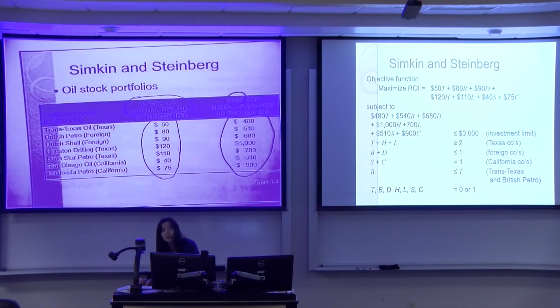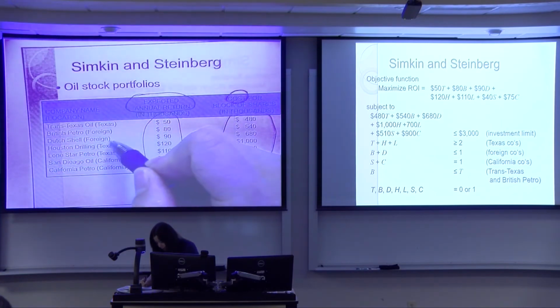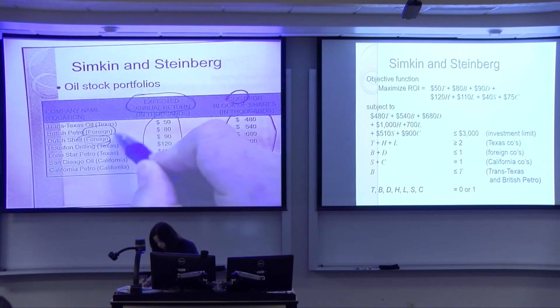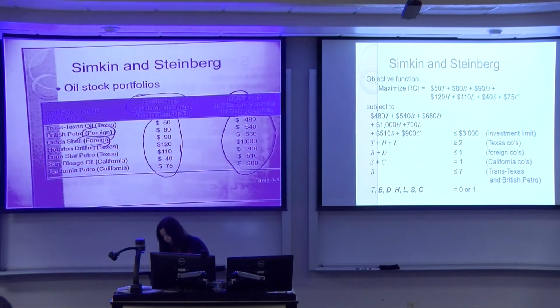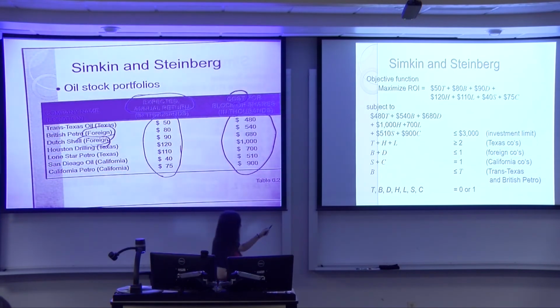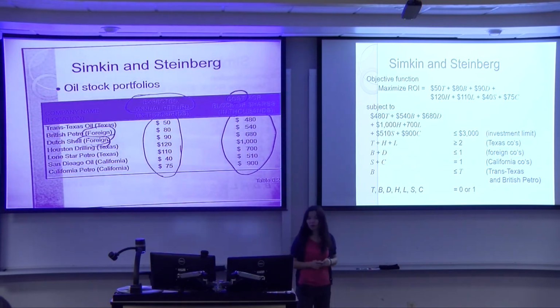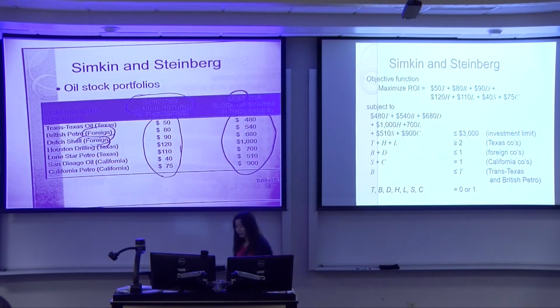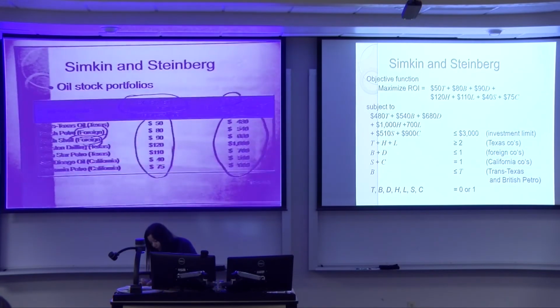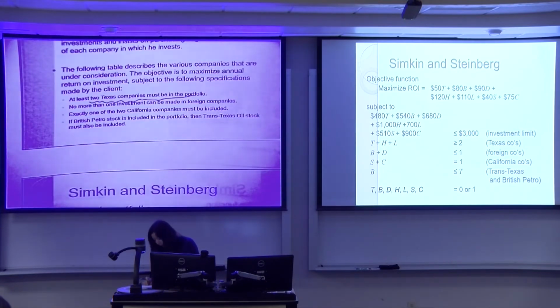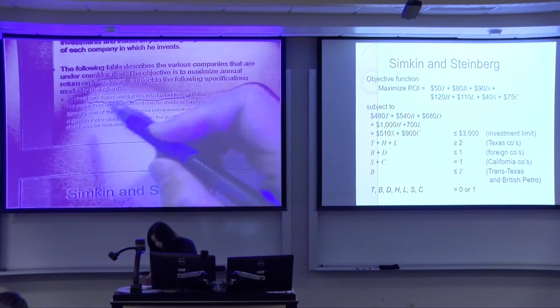You can see here, these two are foreign. So you either choose the British Petrol or Dutch Shell. In other words, B plus D should be less than or equal to 1 because those two belong to the foreign company. Okay? And then the next constraint is exactly one of the two California companies must be included.